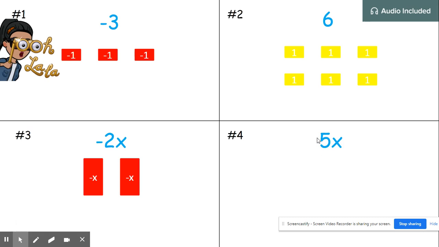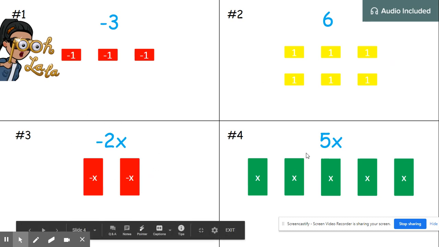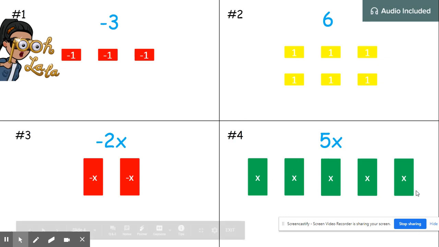So it's positive, so I'm using green, and I want 5 of them. So 1, 2, 3, 4, 5. Okay? So negative constants are red, positive constants are yellow, negative variables are red, positive ones are green.